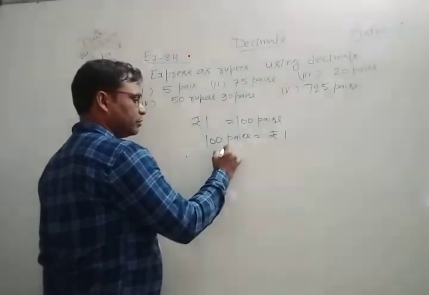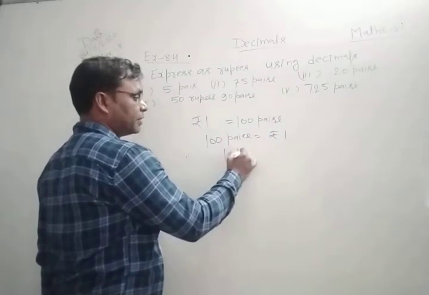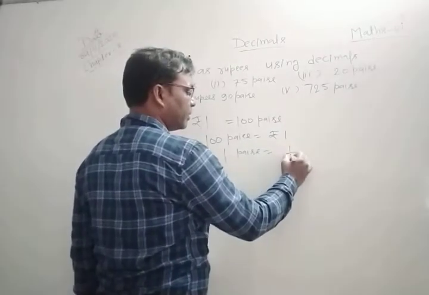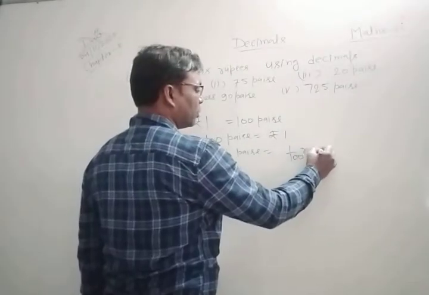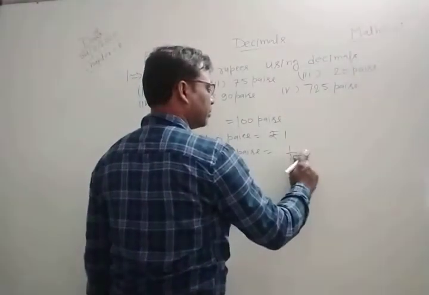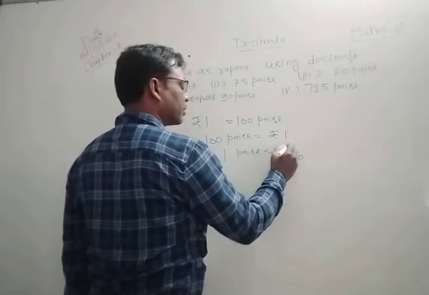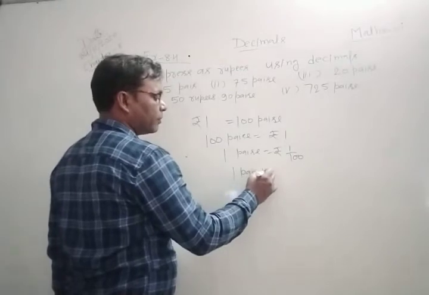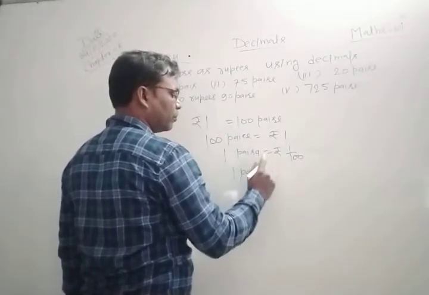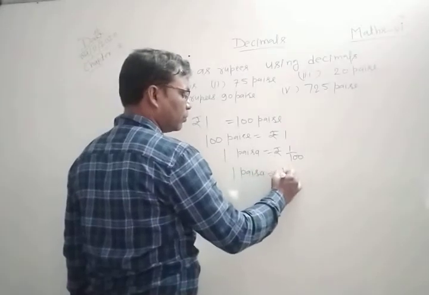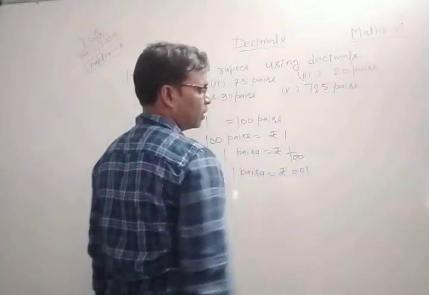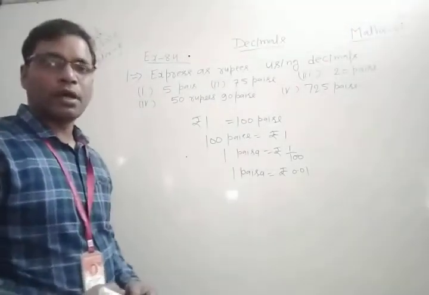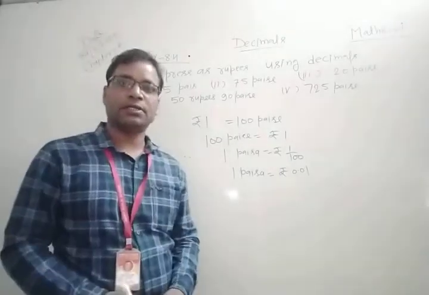Or you can write 1 paisa is equal to 1 by 100 rupee, or you can use the symbol of rupees. Clear? Or you can write 1 paisa is equal to rupees 0.01. Clear? So in the first question, how many paise do we have? We have 5 paise.